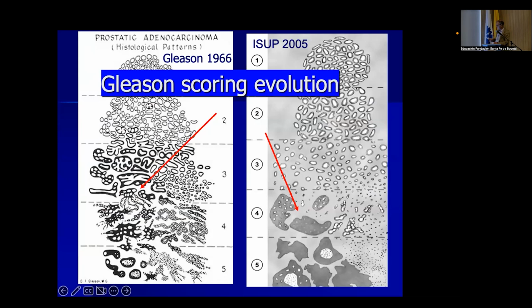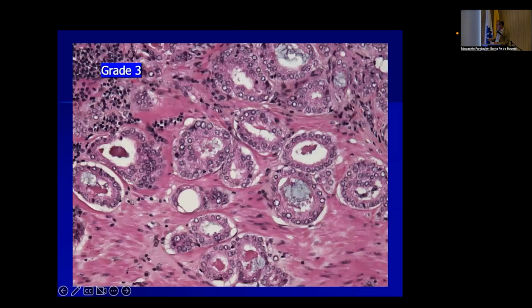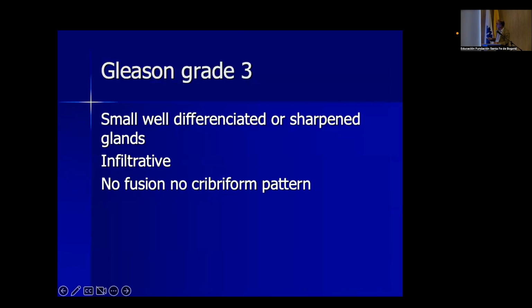And the second, very important one, is the ISUP quantification in 2014. Just as a reminder, Gleason 3 is a well-differentiated tumor with small infiltrative glands, with no fusion and no cribriform patterns.